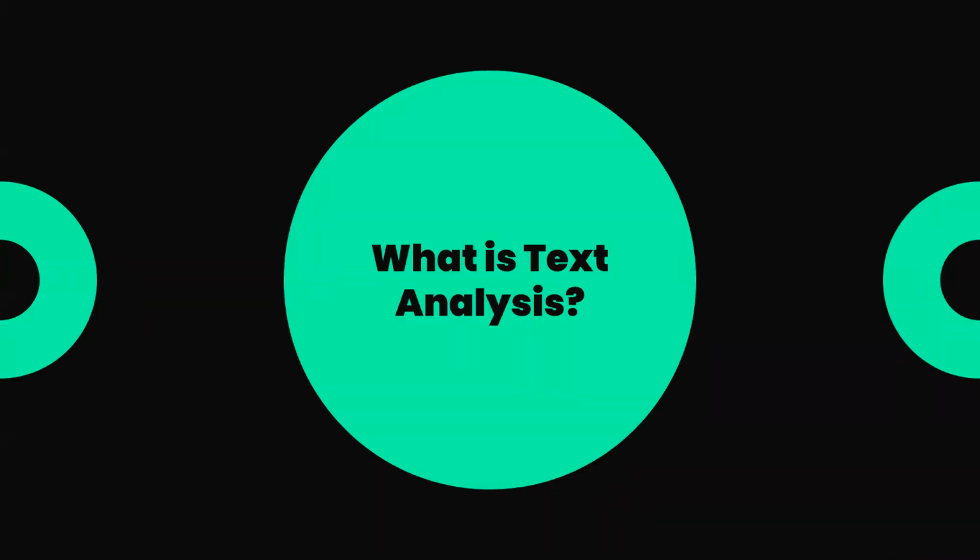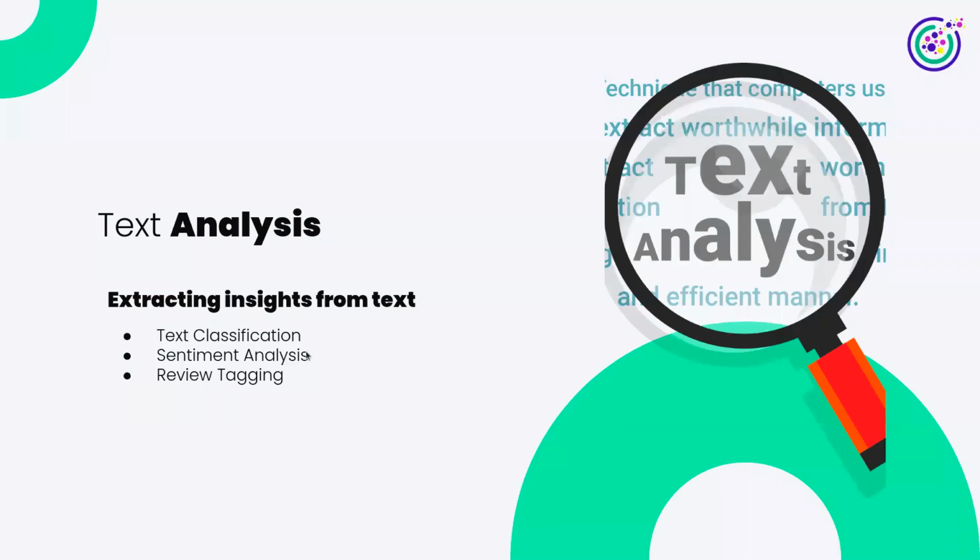Text analysis is extracting any sort of information or insight from the text that you're given. It could be anything, like you can classify it into some data set, review tagging, right? You can say, what is the rating of a review that I'm provided. So let's say you have an Amazon product, you have certain reviews associated with it. You can find out what sort of text is related to which sort of rating.